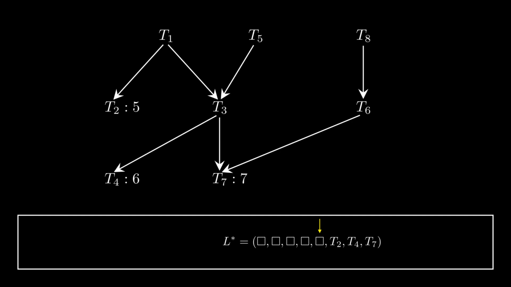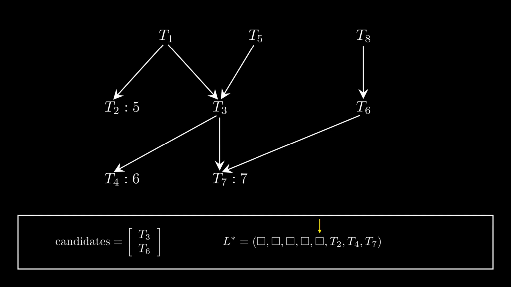Notice that for any task we choose, that task will have at least one successor. What the Coffman-Graham algorithm states is that we consider all tasks with successors defined in L star. So in this example, task 3 has its successors, task 4 and task 7, defined in L star. So we will consider it a potential option.